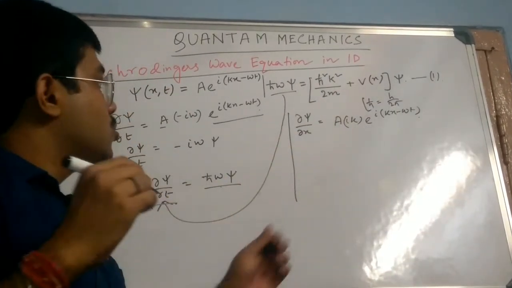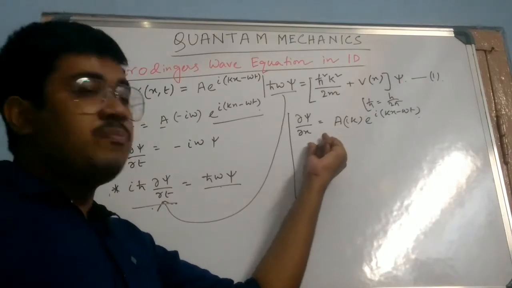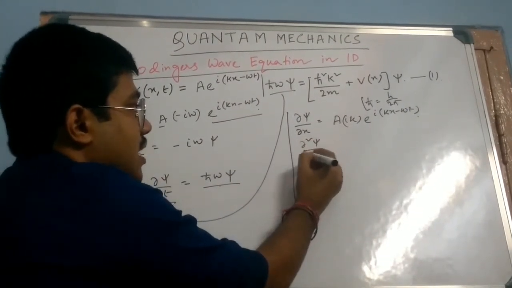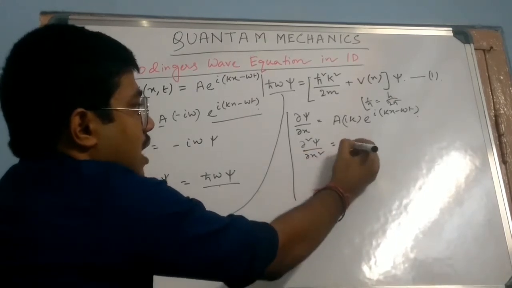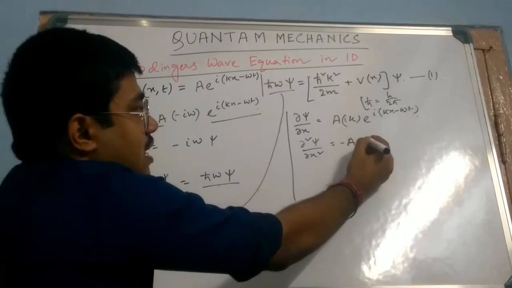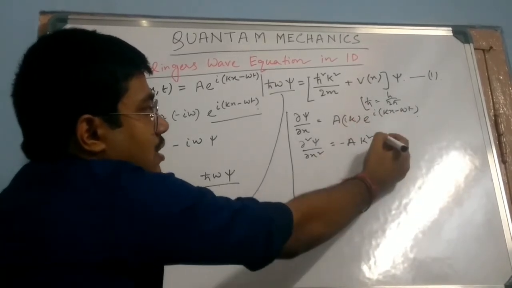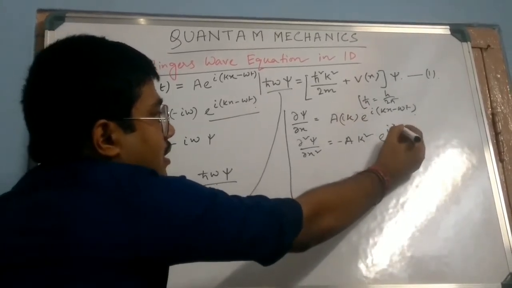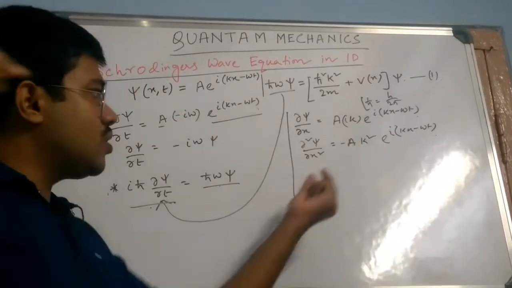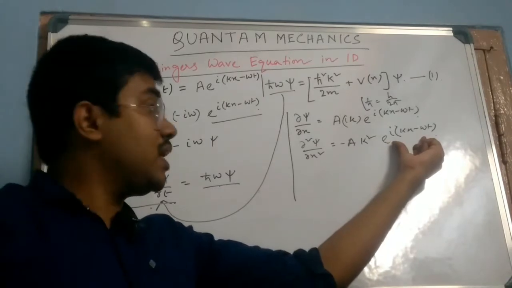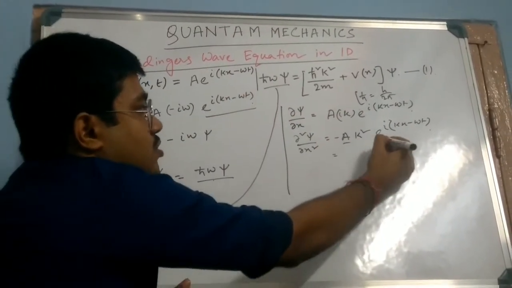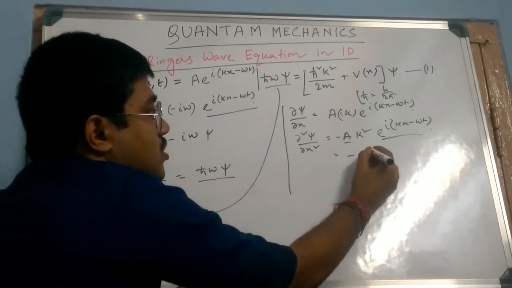Differentiating a step more, del square psi by del x square is equal to a, ik again comes out, so i square gives me minus k square, e to the power i(kx minus omega t). This a and e to the power i(kx minus omega t) is psi again, so minus k square psi.